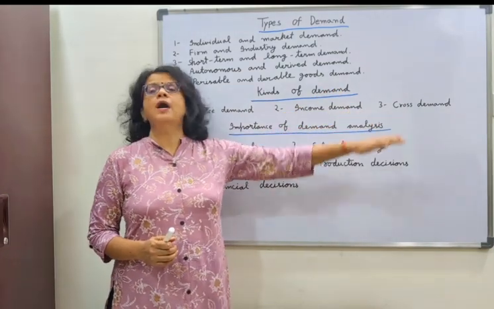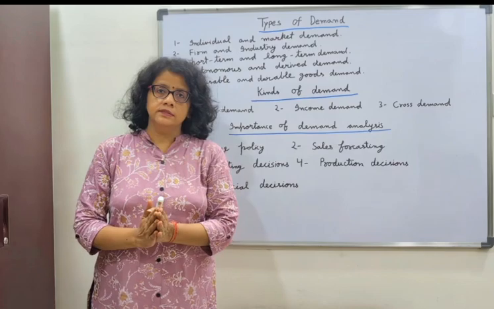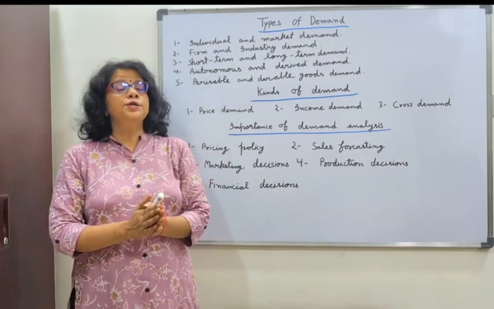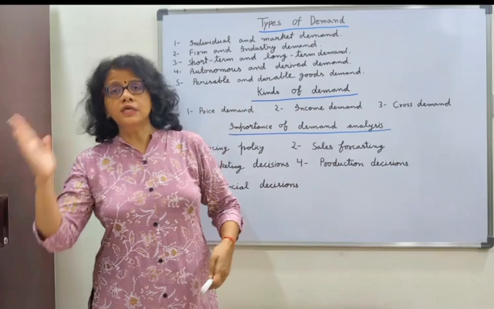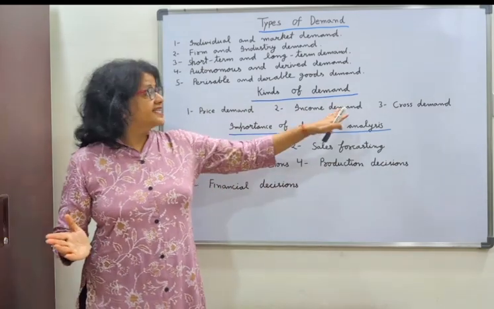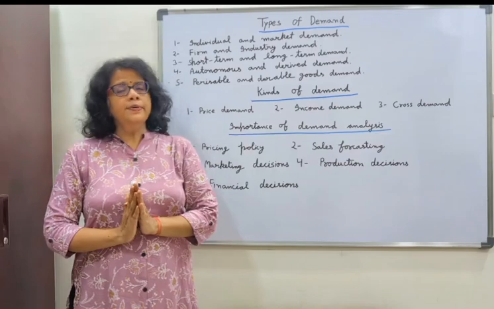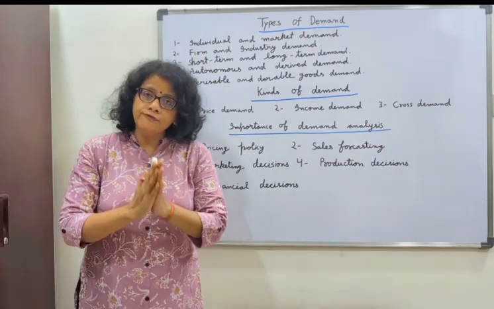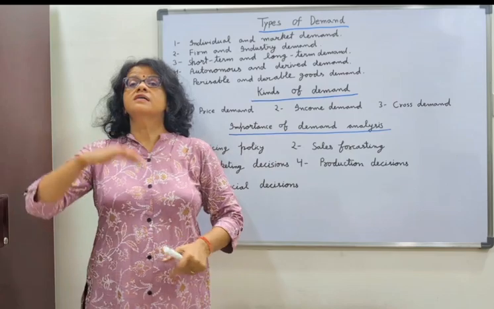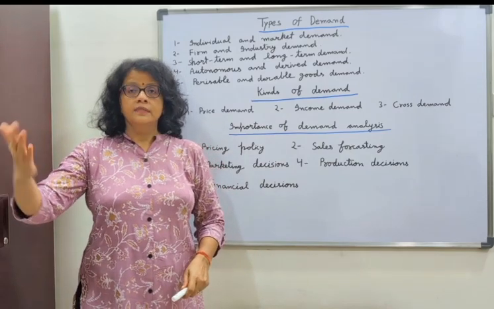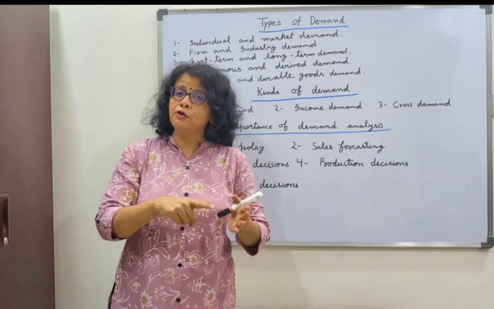Third, cross demand. When the demand of a product changes due to the change in price of another product, that is called cross demand. For example, if the tea price rises, the demand for the substitute, what is the substitute of tea?